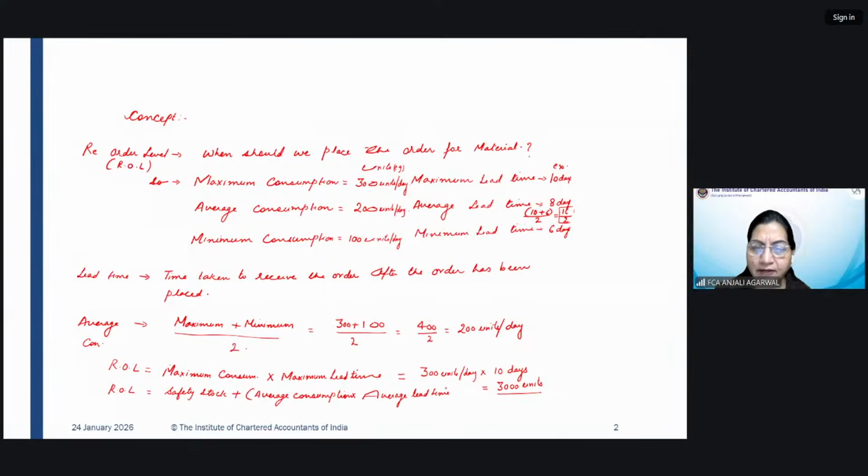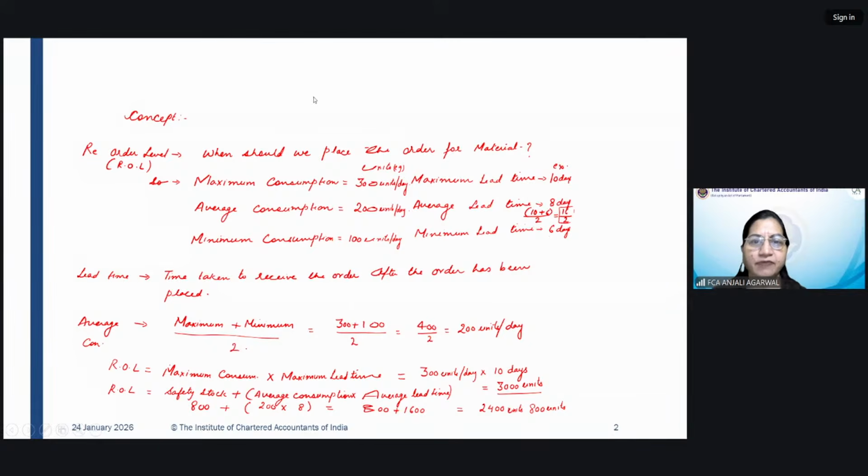This means that if I assume that I already keep 800 units, let's say, as safety stock, what I can do is take 800 as safety stock plus average consumption of 200 units per day. And on an average, it might take 8 days for us to receive the order. So it becomes 800 plus 1600. In that case, you are going to place your order every time the number of units in your stocks or warehouse is reduced to 2400.